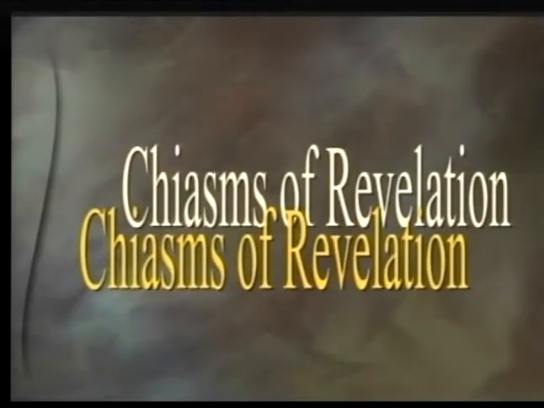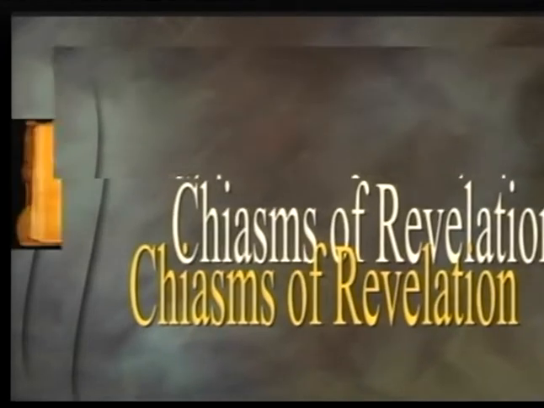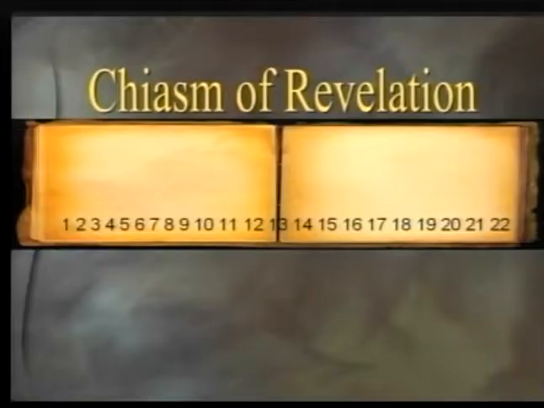But just to recap quickly, what exactly a chiasm is and the passion that I have for the chiasms of Revelation. Well, Revelation has 22 chapters, and all these chapters seem to reflect down to the middle. Everything is pointing towards the middle.